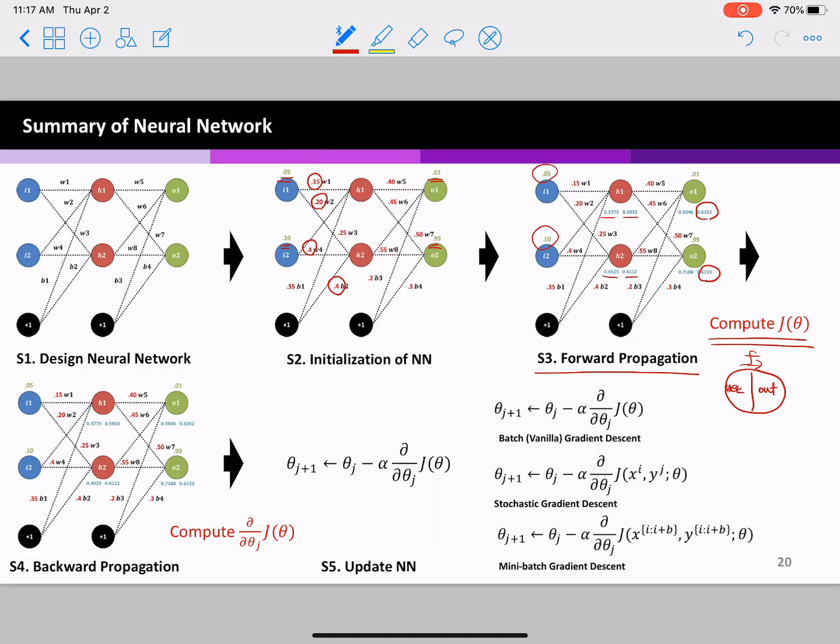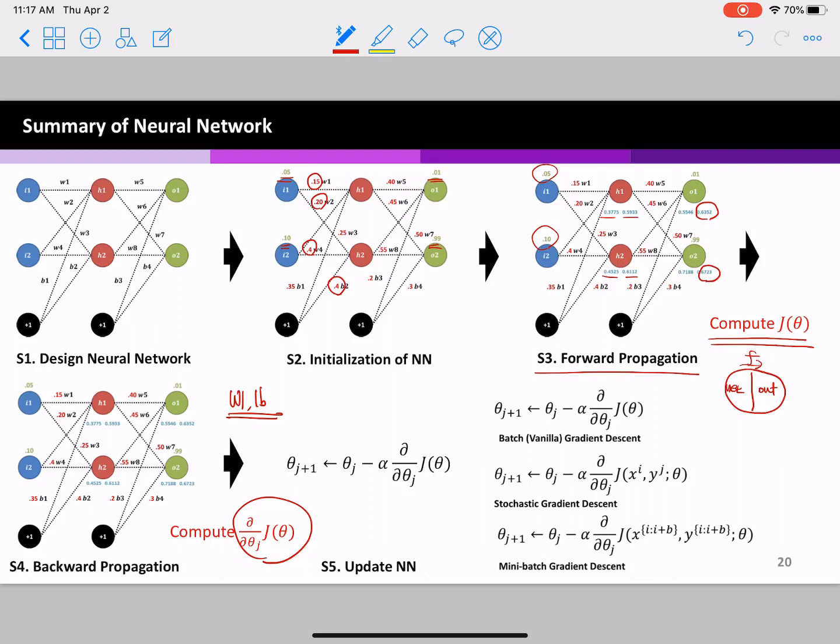Okay, and then step 4 is backpropagation. Backpropagation is to find the derivative of your cost function with respect to your model parameters, here the weights and biases. Okay. In the previous slide, we saw that to compute this value, we need the value of each neuron that we computed in the forward propagation step.